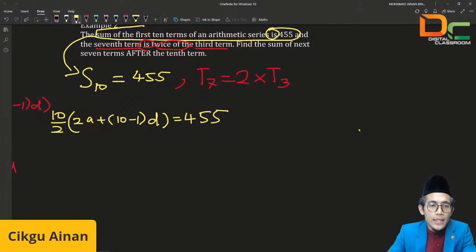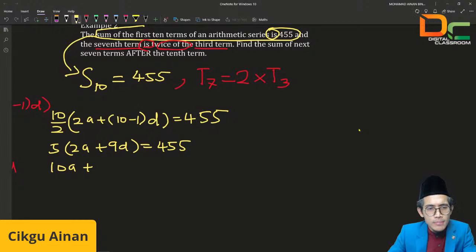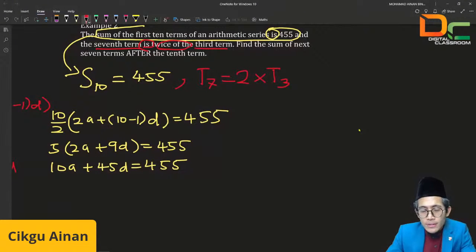Then we simplify. This one 5 times 2a plus 9d equals 455. So we get 10a plus 45d equals 455. So we already broke down the yellow one. Now we change the red one.